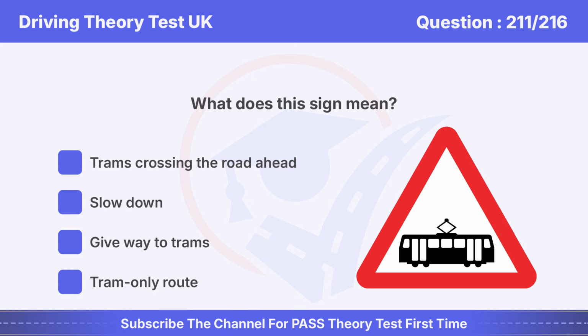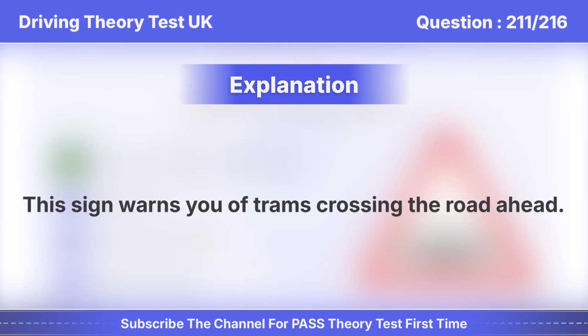Question 211. What does this sign mean? Answer is A. Trams crossing the road ahead. This sign warns you of trams crossing the road ahead.